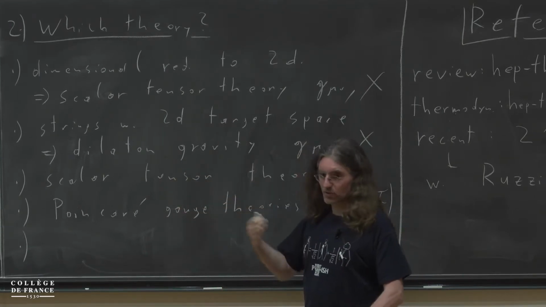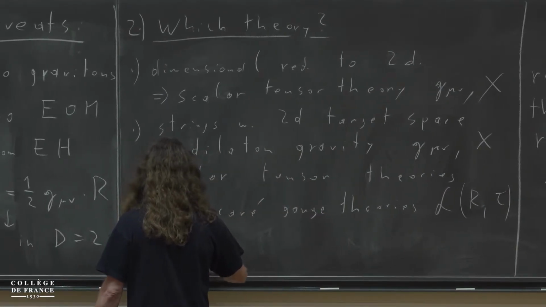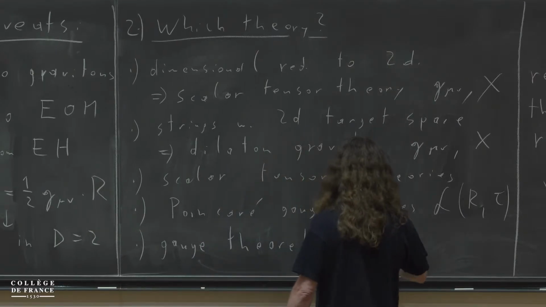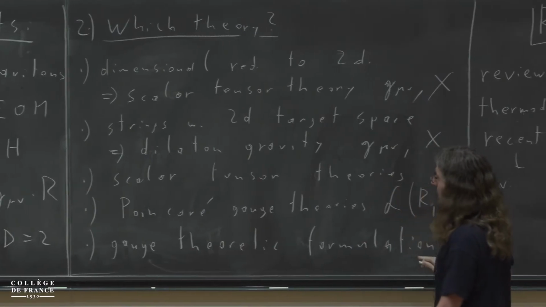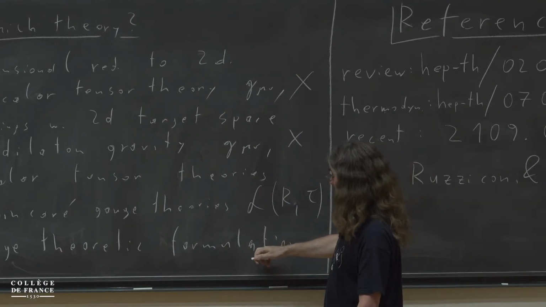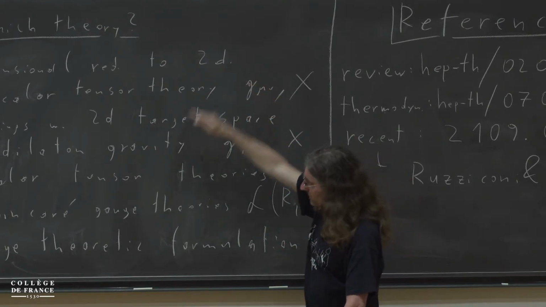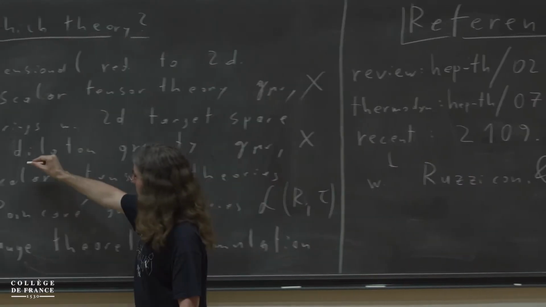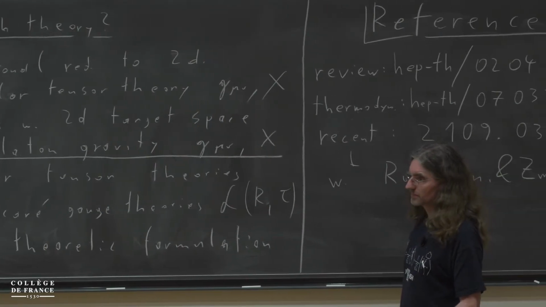In two dimensions, there's also a gauge theoretic formulation, intrinsically in 2D. And as we'll discuss in a bit, this gauge theoretic formulation is also equivalent to a scalar tensor theory. So all these approaches ultimately lead to the same theory, or the same class of theories, namely dilaton gravity in two dimensions. Yes?